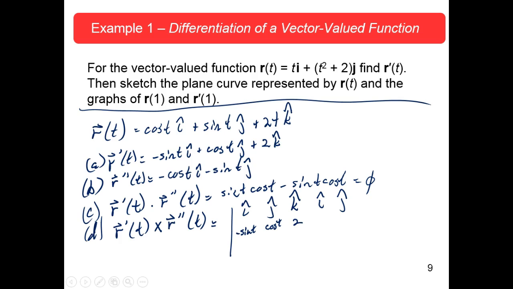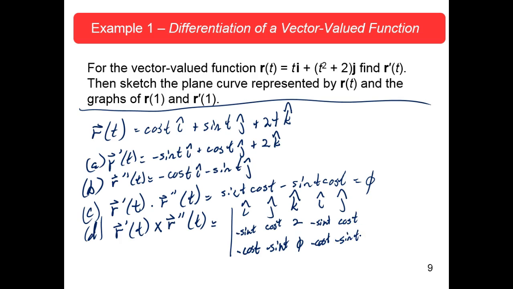Then repeat the first two again: minus sine t, cosine t. Okay? Then write the second vector. That's minus cosine t, minus sine t, 0. Repeat the first two again.